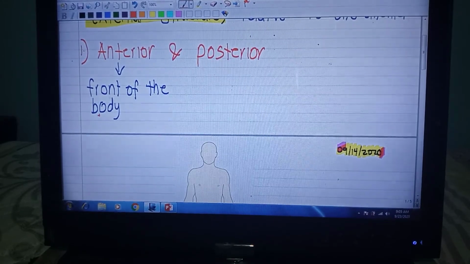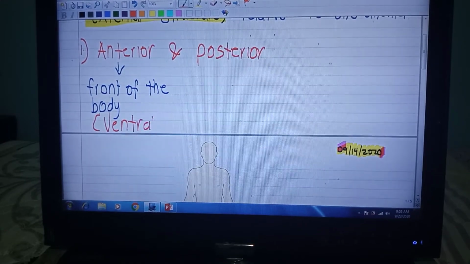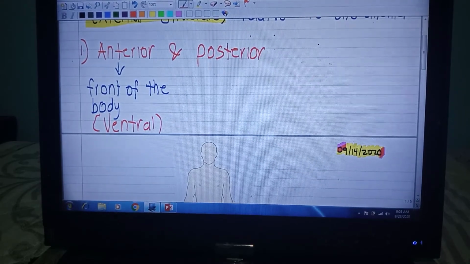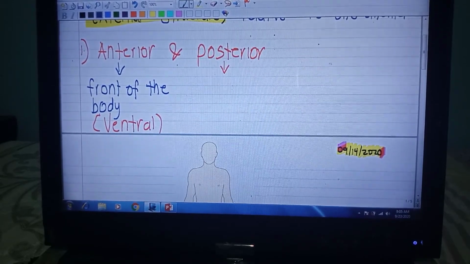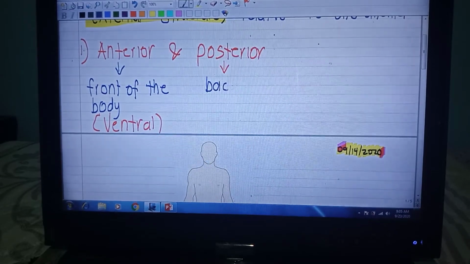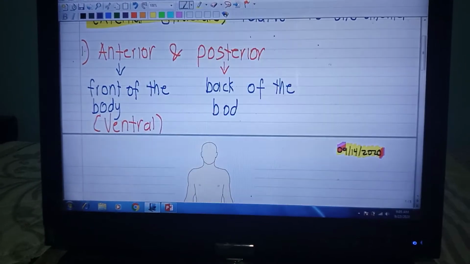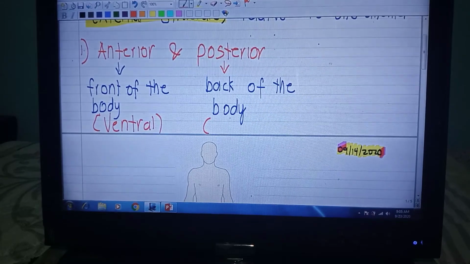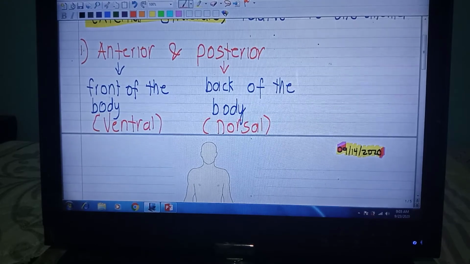Another term for anterior that is acceptable as an anatomic term is ventral. While posterior, what is posterior? Back of the body. Or another acceptable term is dorsal. So that is the first term.